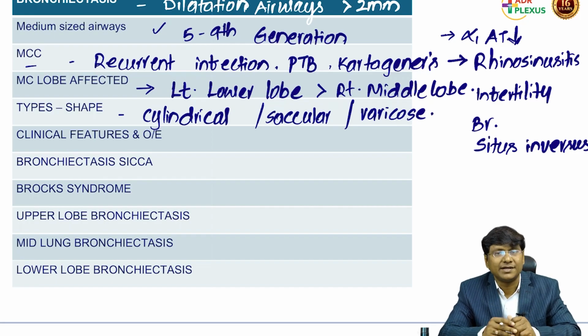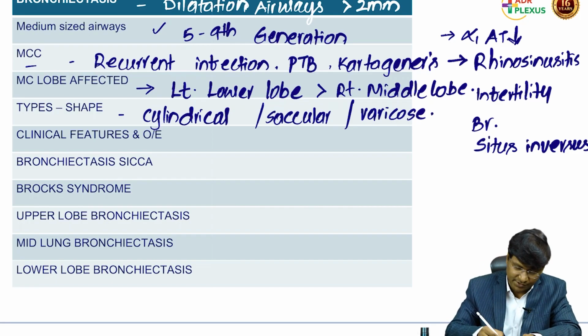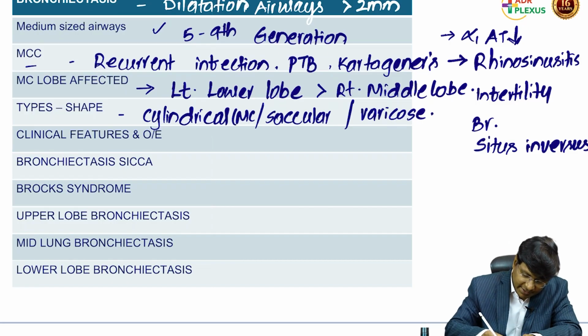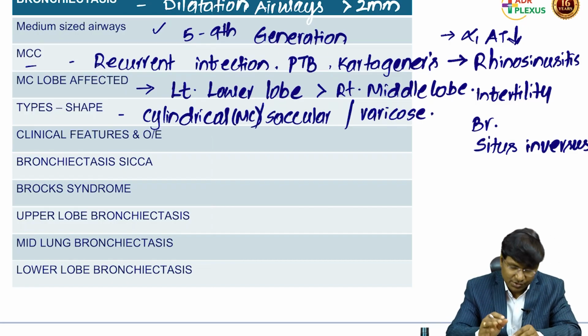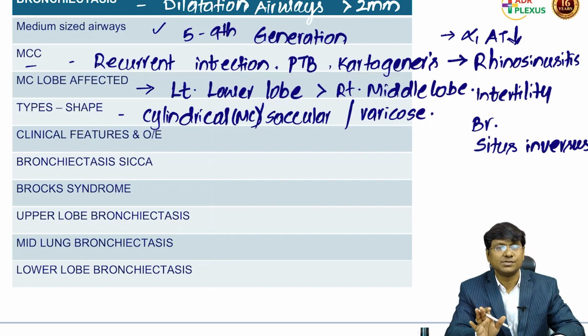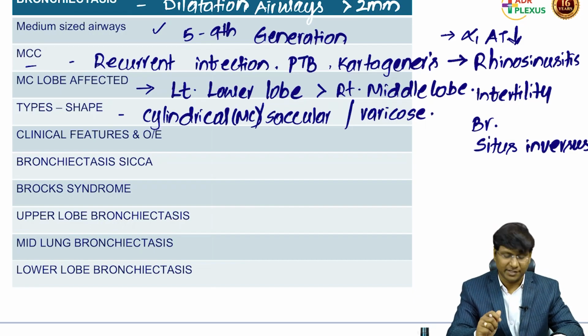So saccular bronchiectasis is also nothing but cystic bronchiectasis. And out of all these, the most common form of bronchiectasis is cylindrical bronchiectasis.